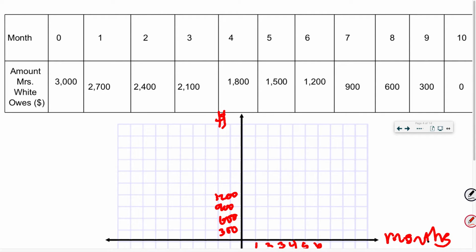Okay, so let's start. What can we do first? Is that the top number? Yes, the top number, 3,000. We can plot coordinates since we know that.